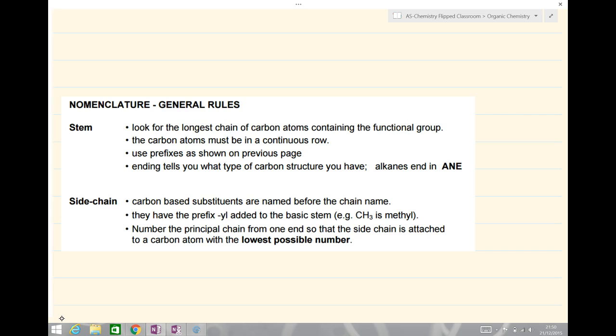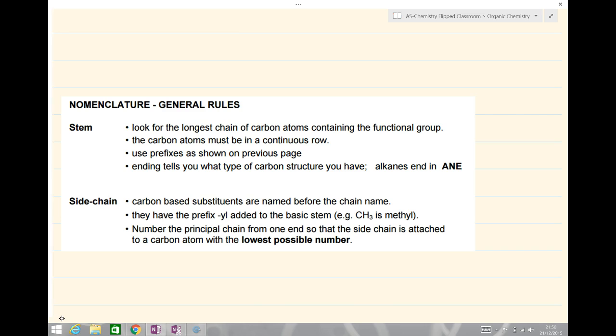Use prefixes, as we'll see on the coming page, and the ending tells you what type of carbon structure you have. Alkanes end in ane, we'll see alkenes with an ene, alcohols with ol, and so on. Side chains, well, the carbon-based substituents are named before the chain name, that is, they come in front of the name.